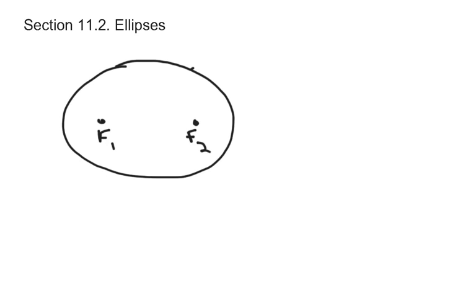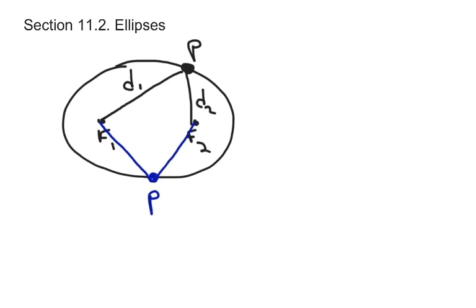So if I have a point on the outside of the ellipse, the distance from the point to the first foci, call that distance 1, plus distance 2, has to be equal to, if I pick this point over here and I find the distance from this point to this foci plus this point to this foci, which is going to be the same as if I were to pick this point on the outside of the ellipse and I find this distance and I find this distance and I add them.